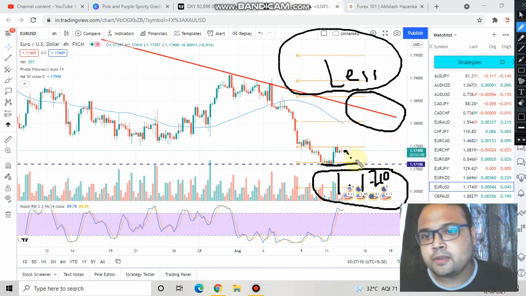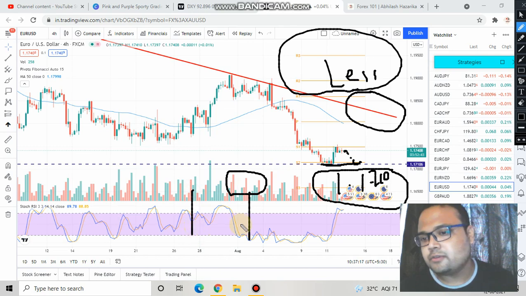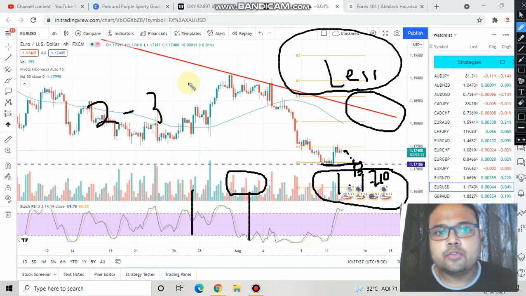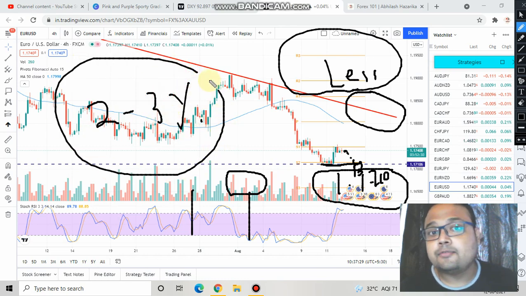If it bounces, or if you see a hammer kind of candlestick pattern, price rejection from below, you can initiate a buy position here. Do not take any heavy position, just take a small position, because we still do not have any clear picture. And do not risk more than 2 to 3% of your trading capital, and follow proper risk management. Clear?